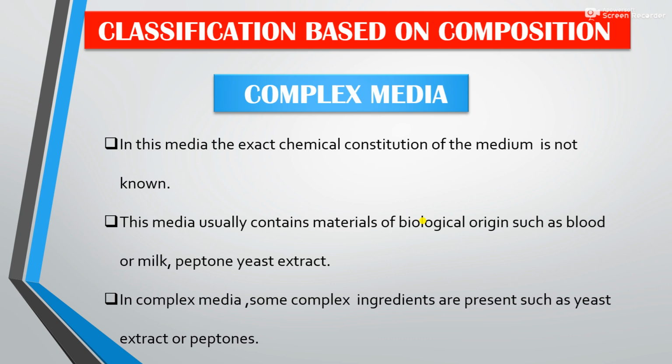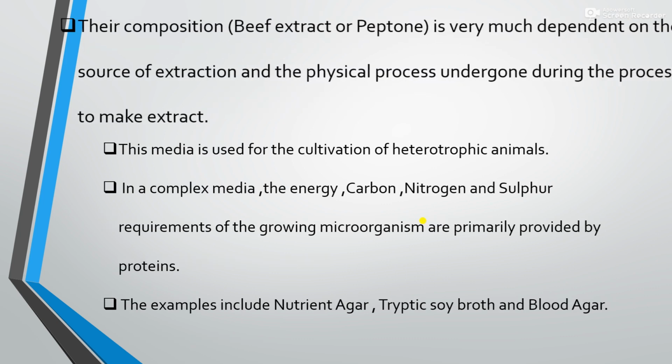Because these unknown components are a very good source of carbon, nitrogen, energy, etc. The unknown components are like peptone, yeast extract, meat extract, etc. When we are growing an unknown microorganism, we don't know about its nutritional requirements, so we generally put in these unknown materials such as peptones that fulfill their nutritional requirements.